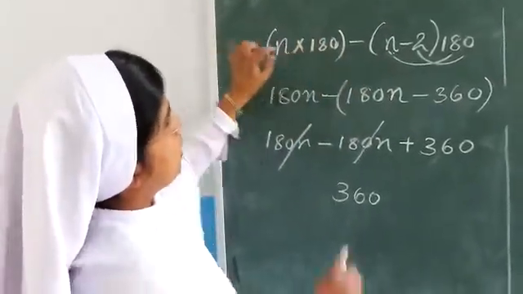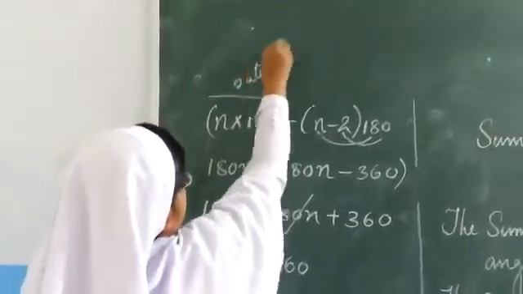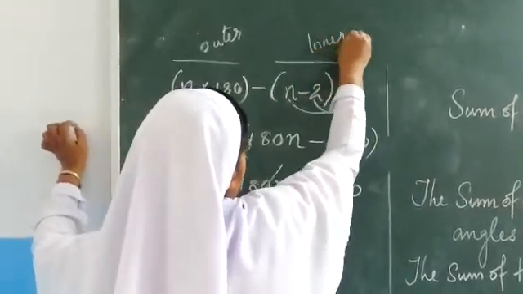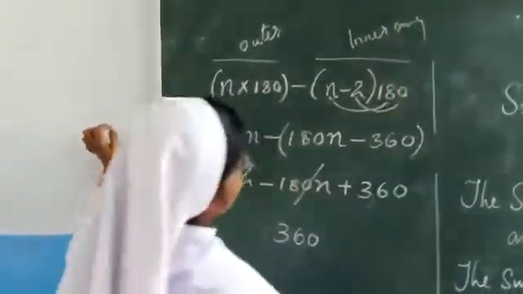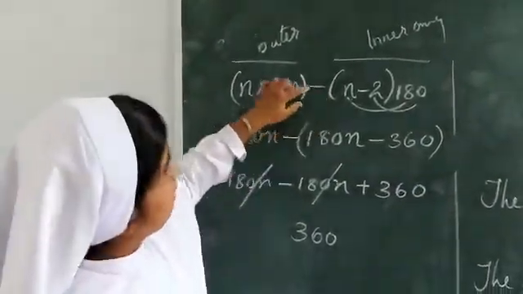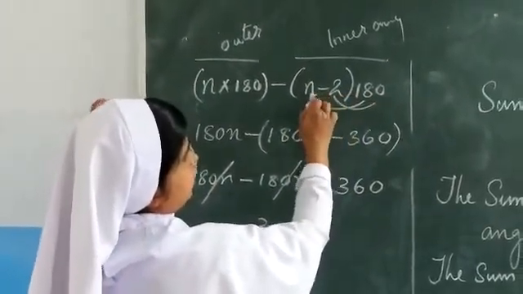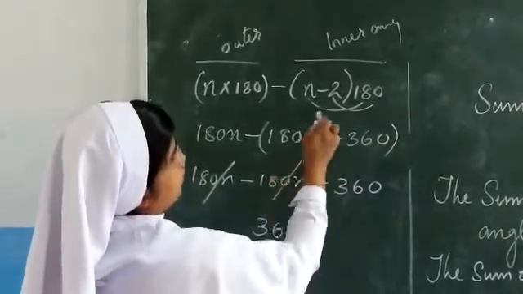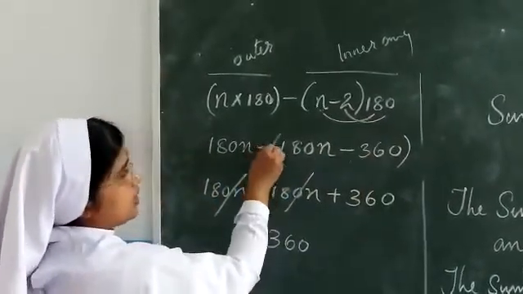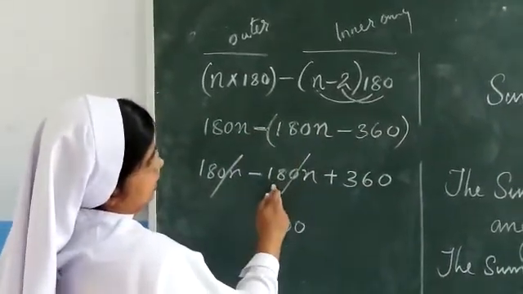If you have some doubt, once again you can look here. This was the sum of outer, and this is the sum of inner angles. Now you have to subtract it. So whatever is in the bracket you have to multiply first. n into 180 minus n minus 2 into 180. We have a minus here, so multiplying again you get minus 180n.